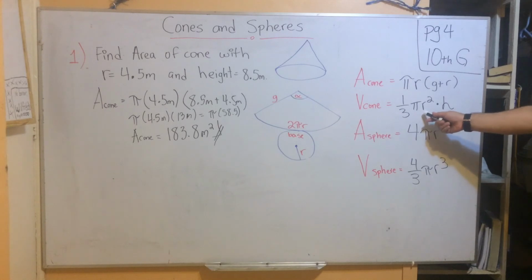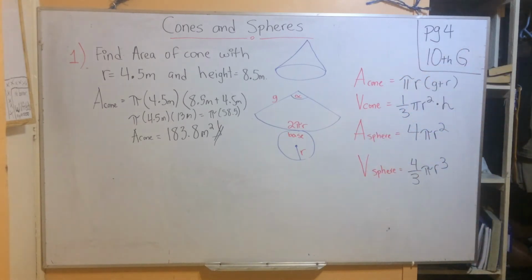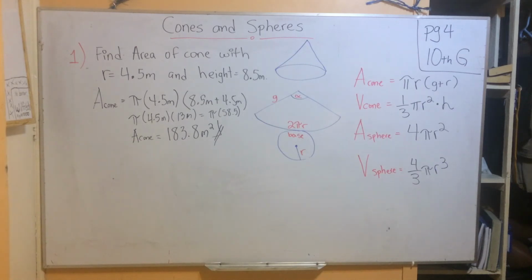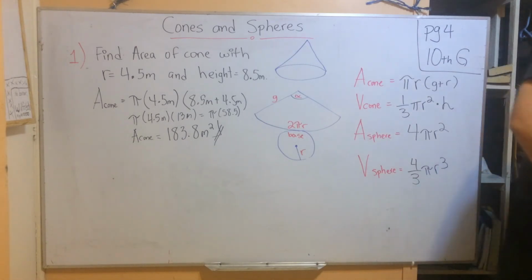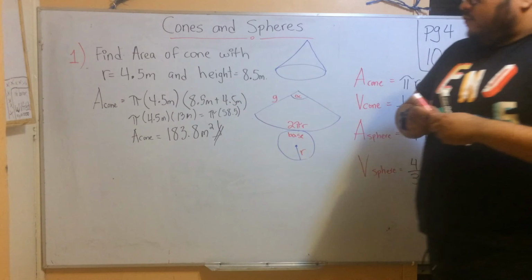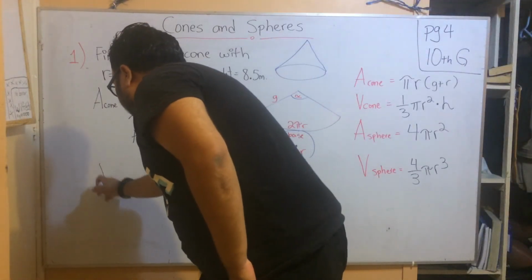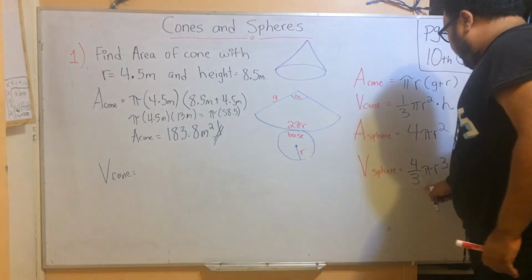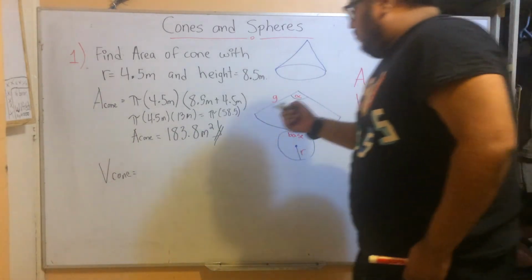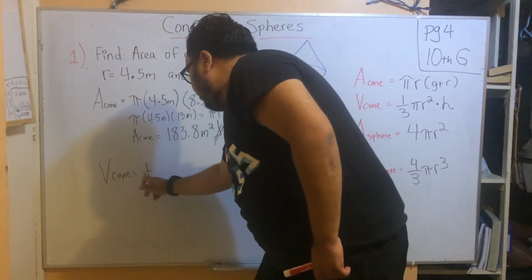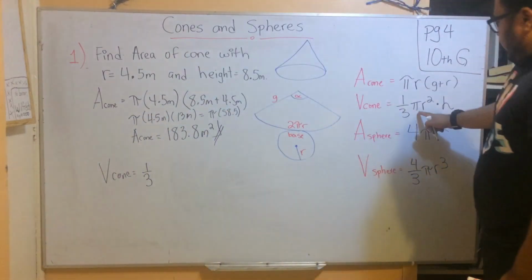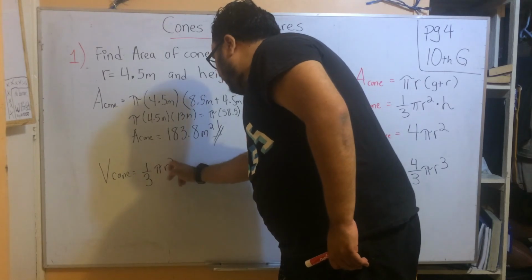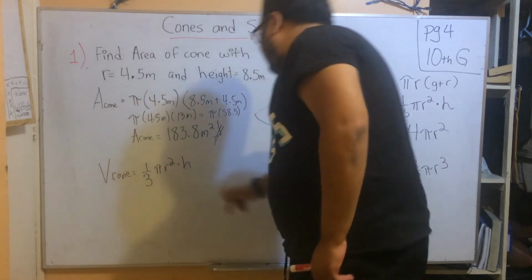Now using the same information, let's calculate the volume. If we're talking about the volume of a cone, let's bring out the formula. We have 1/3 pi r squared times the height.